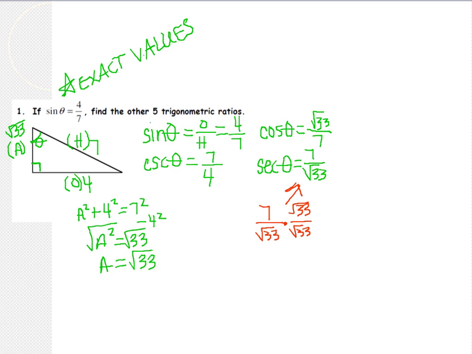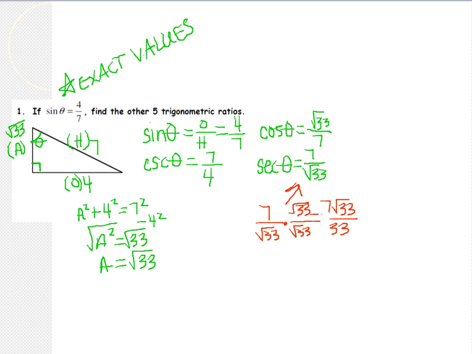It just changes the way it looks, but it doesn't change the value. So the top is 7 square root of 33 over 33. And then looking, we've got to ask, does 7 over 33 reduce? And it doesn't, so there is nothing we can do. We're going to keep it exactly as it is.